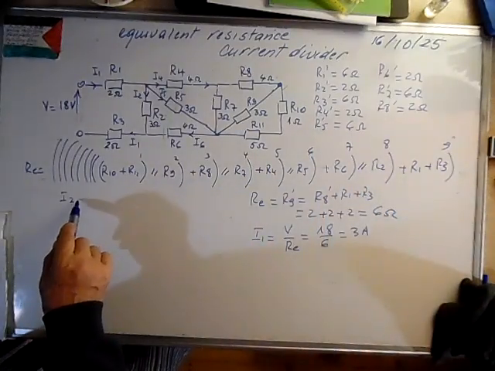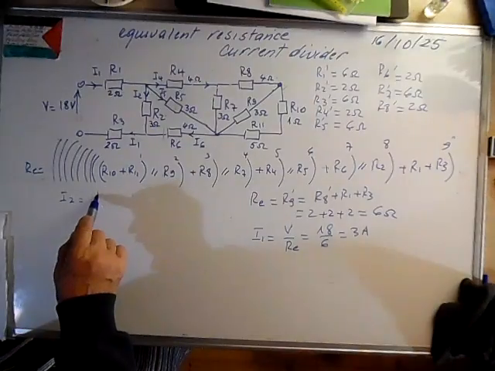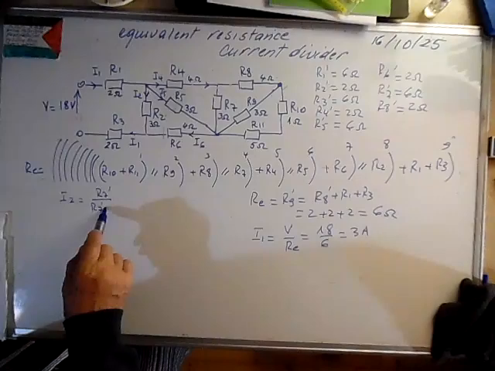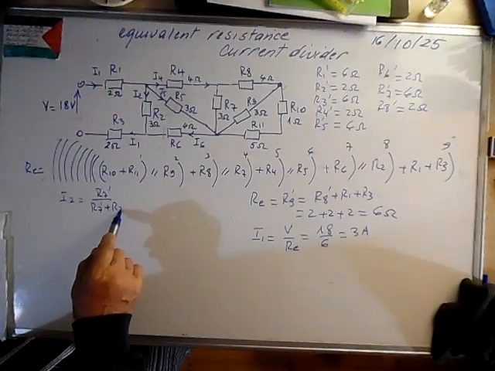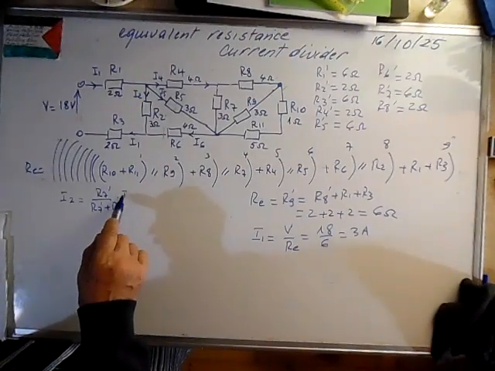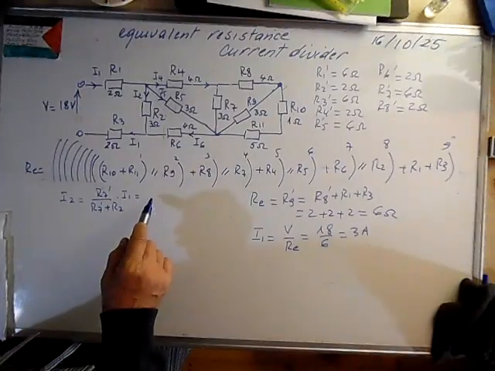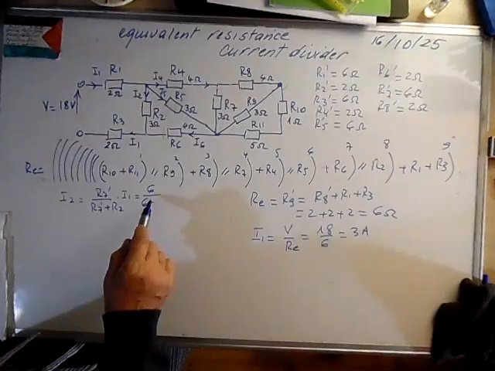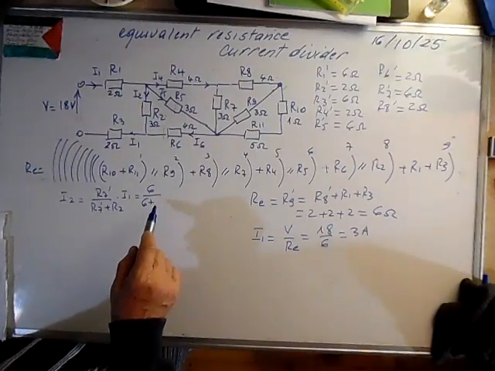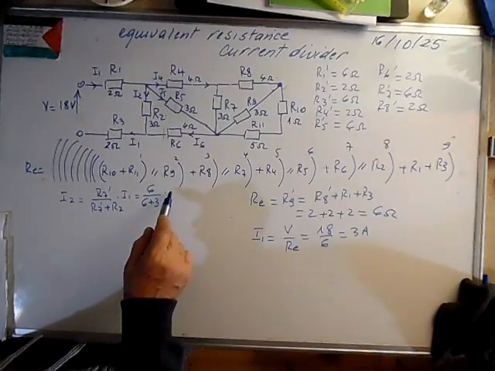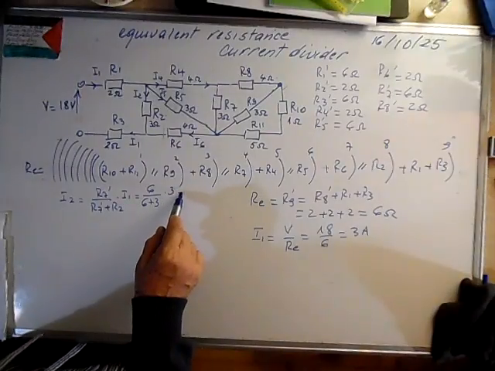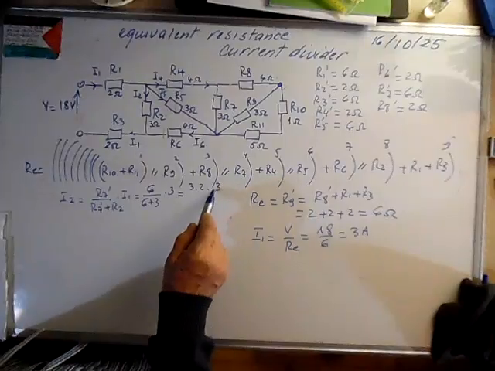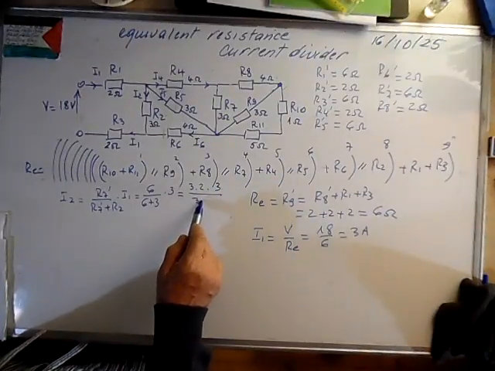So I2 is R7 prime over R7 prime plus R2 times the main current, which is I1. R7 prime is 6 over 6 plus R2. R2 is 3 times I1, which is 3. So it means it's 3 times 2 times 3, and 3 times 3.